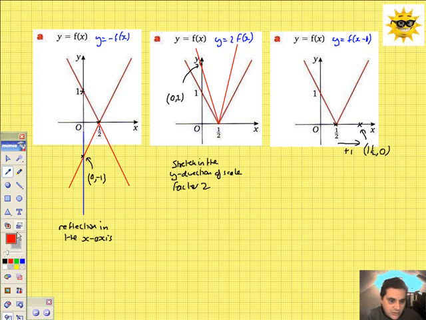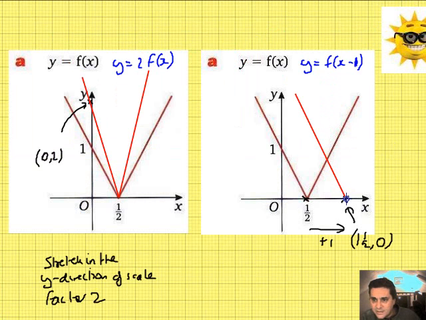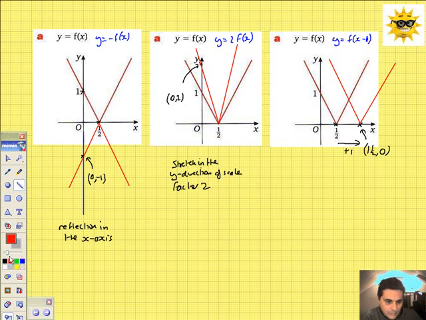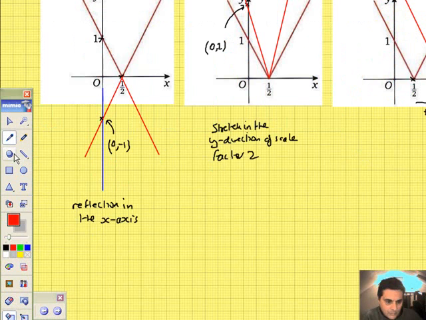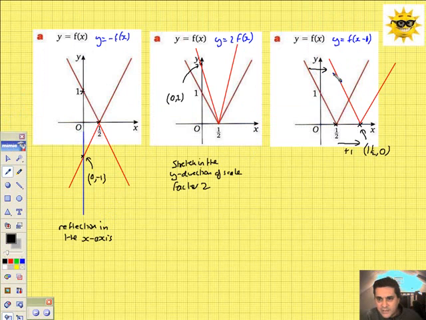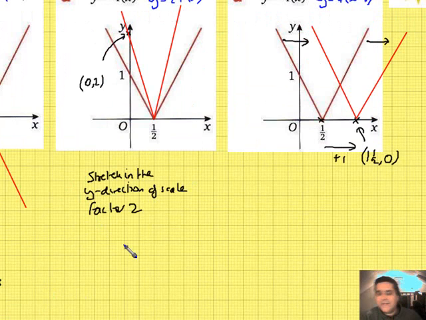So I can now try and draw this transformed function. Again, that's going to be parallel. If I start from here, that looks about right, doesn't it? And over this side as well. Effectively, I've taken this graph and moved it in that direction, like so, along the x-axis to the right.